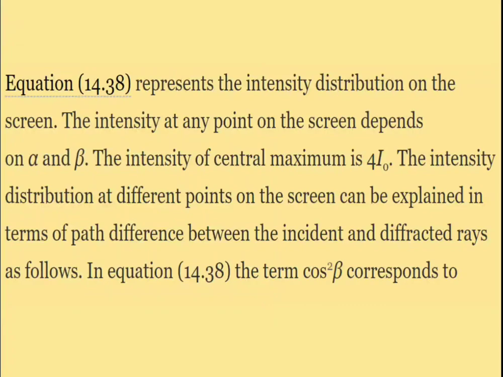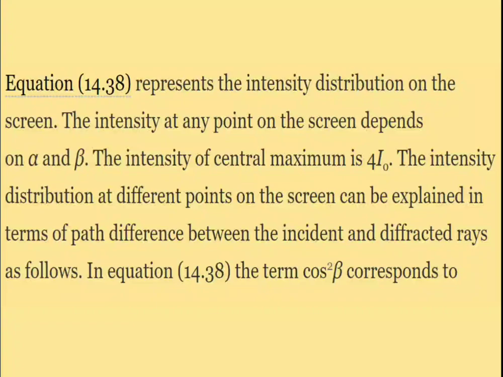The intensity at any point on the screen depends on the values of alpha and beta. Here, the intensity of the central maxima is represented as 4 I naught. Now, the intensity distribution at different points on the screen can be explained in terms of the path difference between the incident and diffracted rays.